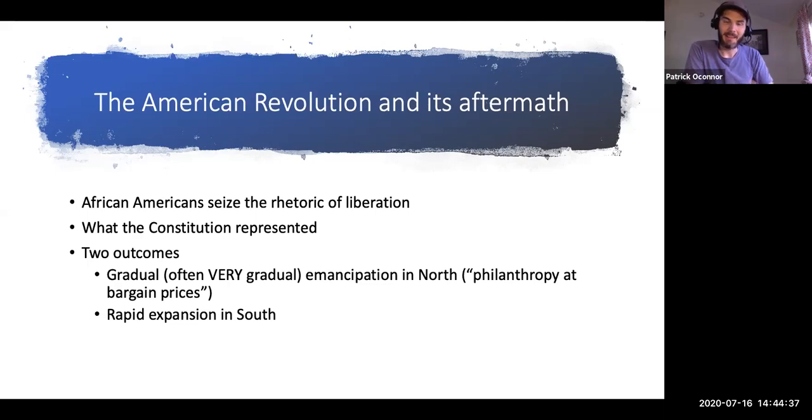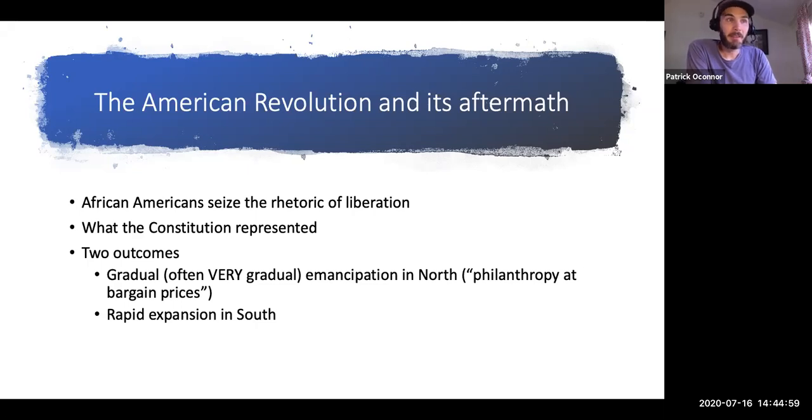Instead, it is self-emancipation. And it's actually freedom from the country that's trying to achieve independence. Freedom from those who call themselves revolutionaries. It's an upside down telling of the revolution based on how we normally understand it.